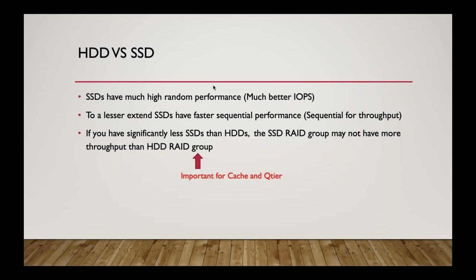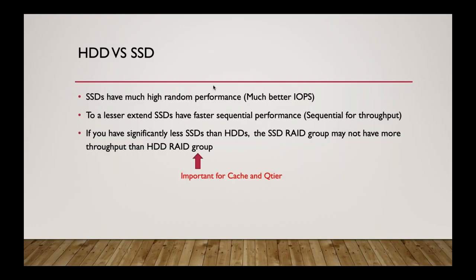But how much better their performance is in SSDs greatly depends on the use case. For example, SSDs are orders of magnitude better at random reads and random writes. But a SATA SSD might be only, say, twice as fast at sequential reads and sequential writes. So whether or not the SSDs are worth the extra money might depend on, is it more for random reads or more for sequential reads?